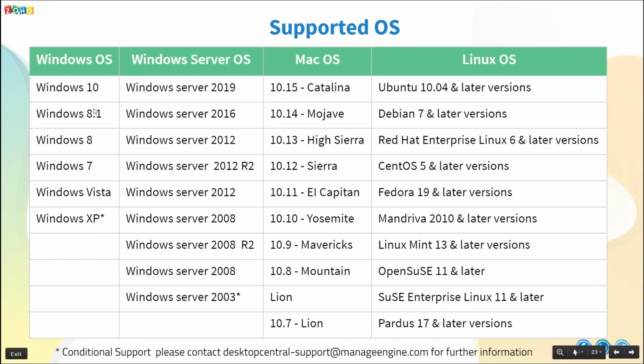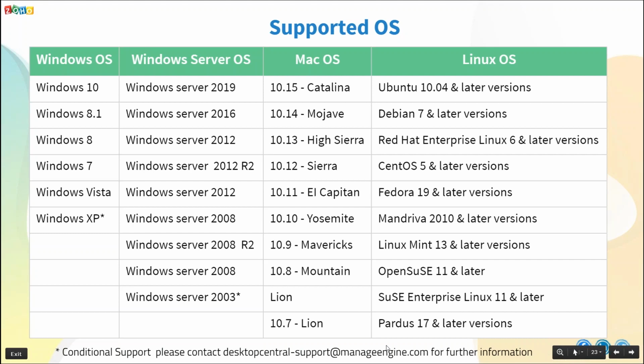Primarily, the application server runs on the Windows platform, but you can manage endpoints that have Mac, Windows, and Linux flavors. For more details on the operating systems we support, you can reach our support team at desktopcentral-support@manageengine.com. They'll help you with more details on the operating systems.